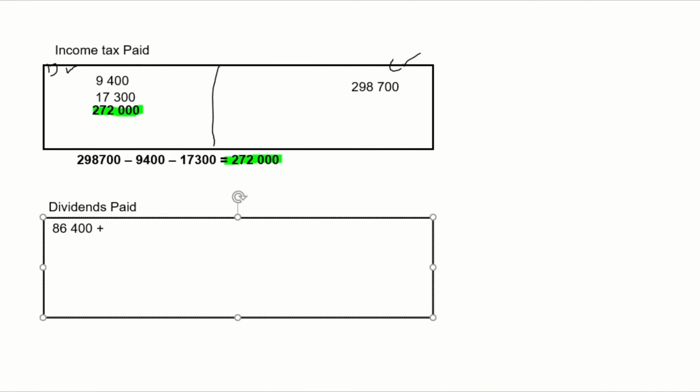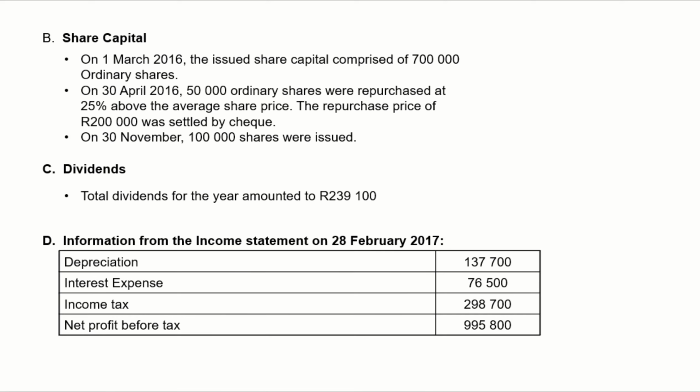So the first part is to find the shareholders for dividends at the end of the year from the previous year. Or in simple terms, last year's shareholders for dividends. Then from there, you go on to add it with this year's interim dividends.